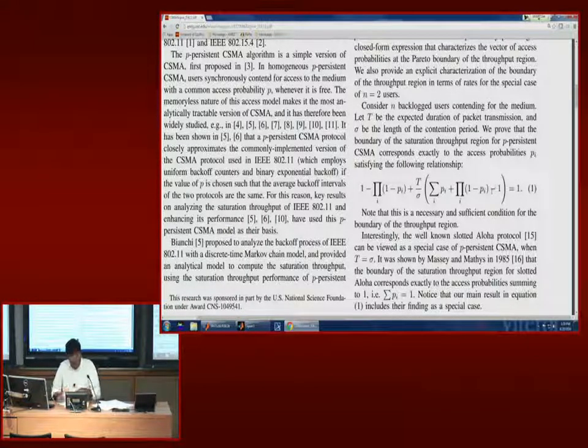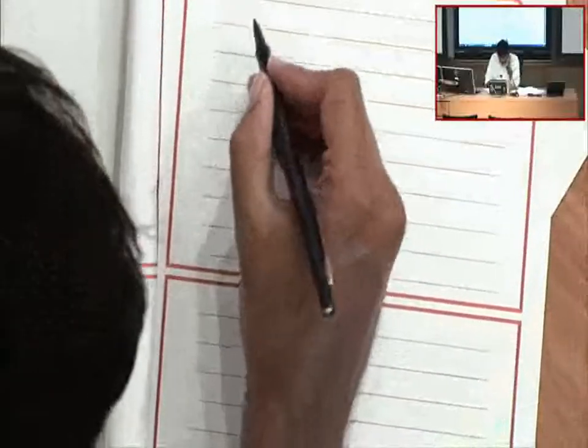So could I go back to the overhead document camera, please? So let me just write down that equation.